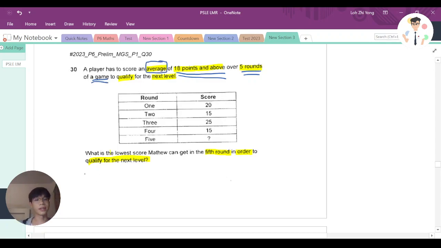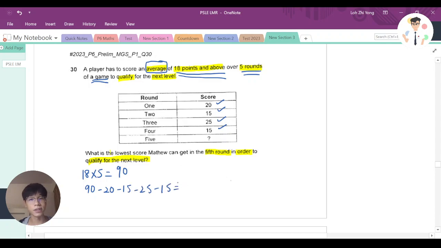So obviously, you know that I need to times 18 times 5 to know what's the total score you need to have in order to qualify. So 18 times 5, which is 90. And now I have 20, 15, 25, 15. And of course, what I need to do is actually to minus everything. So 90 minus 20 minus 15 minus 25 minus 15.